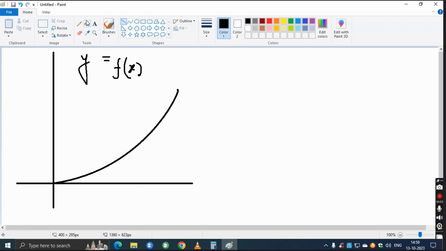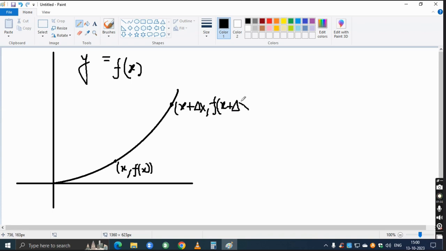So it's a curve, and let me choose one point on the curve whose coordinates are x comma f of x. And let me choose another point on the same curve whose coordinates are x plus delta x comma f of x plus delta x.